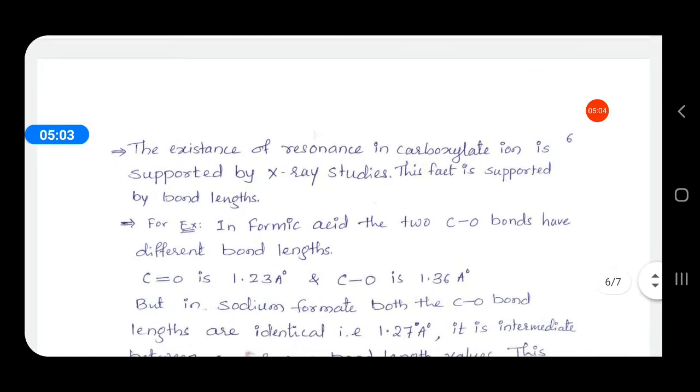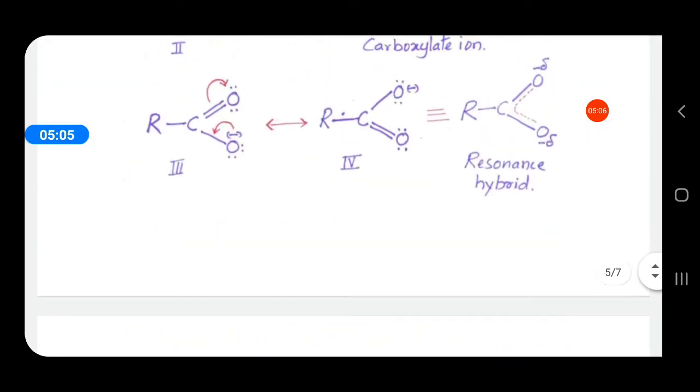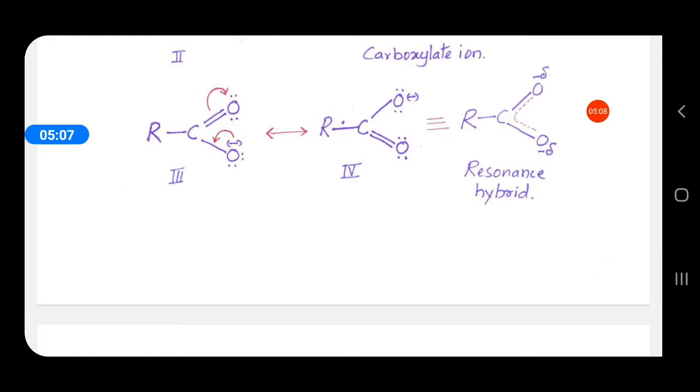So we can explain the existence of resonance. For this structure the resonance hybrid exists and this is more stable. Between oxygen, carbon and oxygen there is a partial double bond, and both oxygens acquire a small charge.